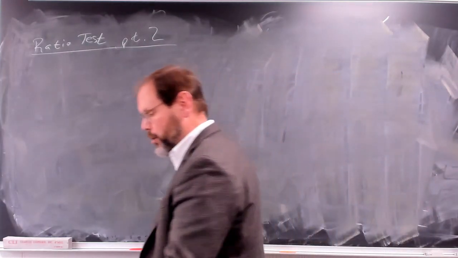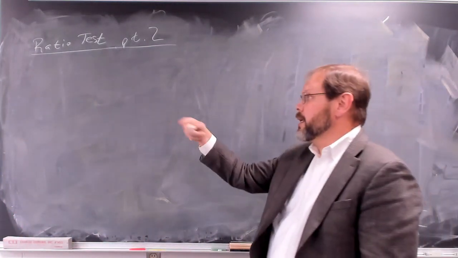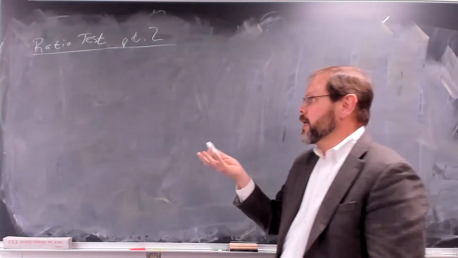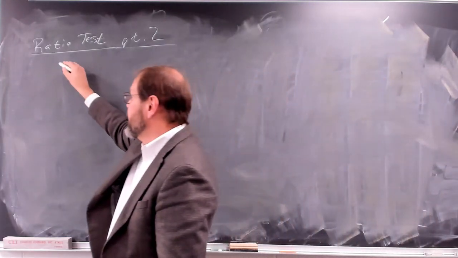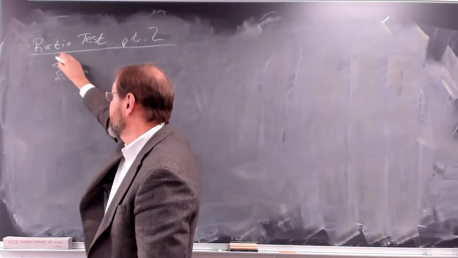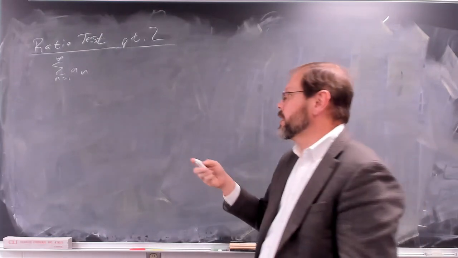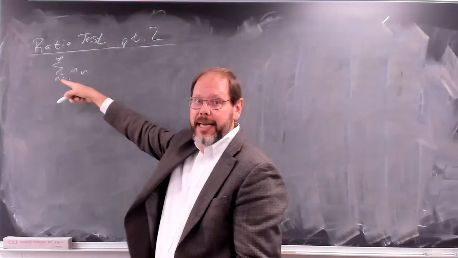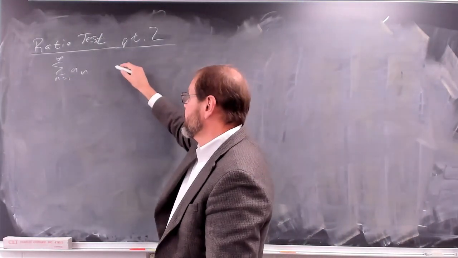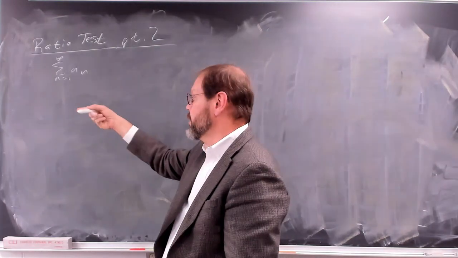Okay, so a quick follow-up to last time. We could have these ratio tests. The ratio test basically said, if I want to understand what's happening with a series like this, then instead of looking at the series explicitly, I could look at a ratio of consecutive terms.